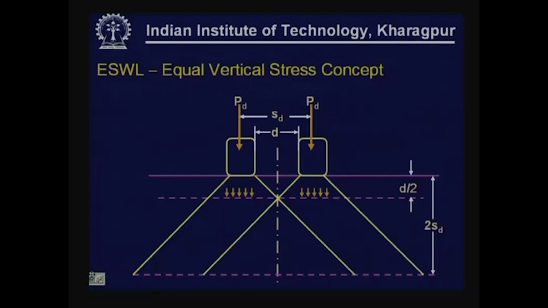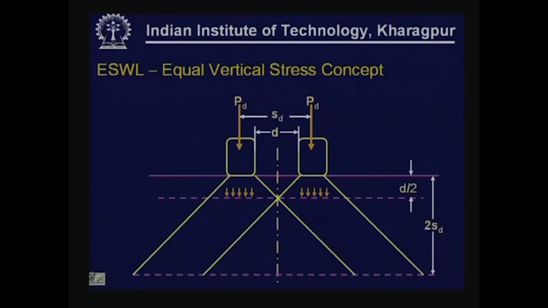If you see from this diagram, if you make some simplification about the load distribution, stress distribution through the pavement, at a depth of d by 2, these two envelopes just start getting overlapped. The stress envelopes produced by the two individual wheel loads just start getting overlapped, and then at a significantly larger depth, which is approximately equal to twice SD. The suffix D is normally used because we normally refer to dual wheel sets and its conversion into equivalent single wheel load, but that is not exactly required.